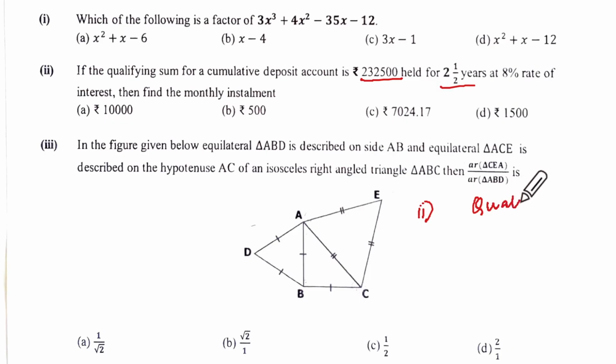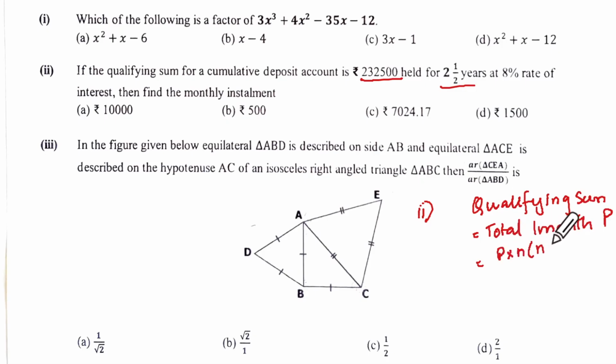Qualifying sum means total 1 month principal, and that is P into n into n plus 1 upon 2. This is the qualifying sum on which the interest is given.